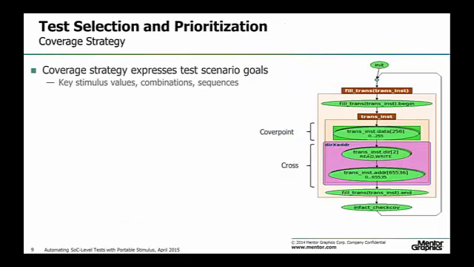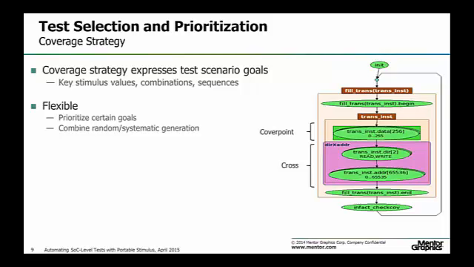The second part of the description is the coverage goal, where you express what scenarios you're interested in seeing. This can be either simple data values or combinations of values, or certain sequences or combinations of sequences. You can use constructs like simple cover points or crosses of variables or sequences, and you can prioritize them, and you can combine random and systematic generation.